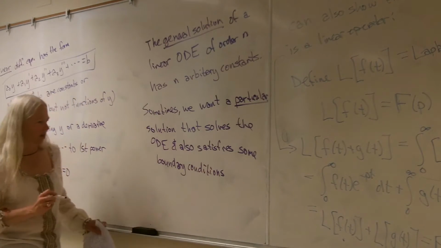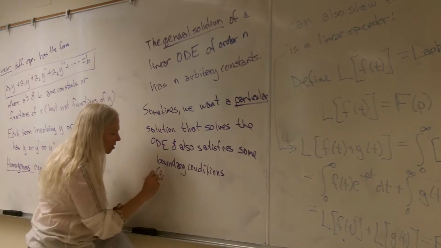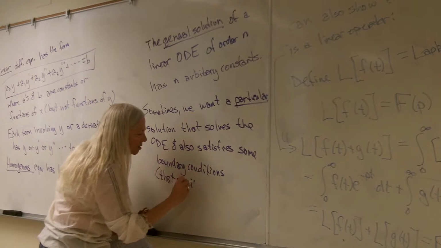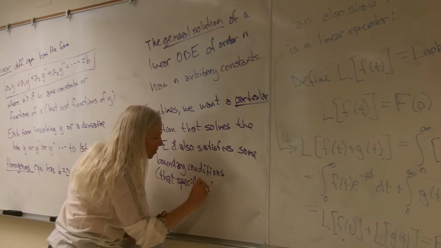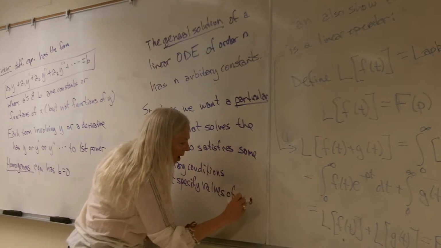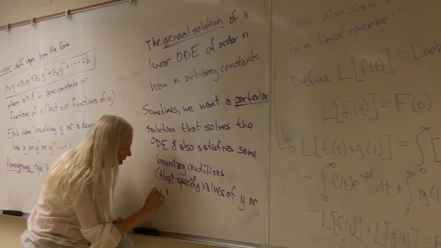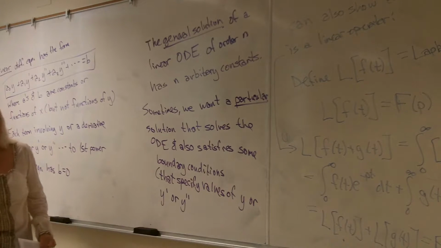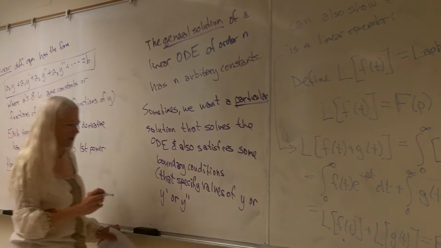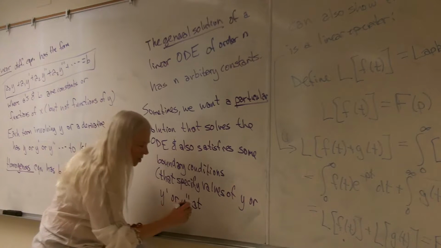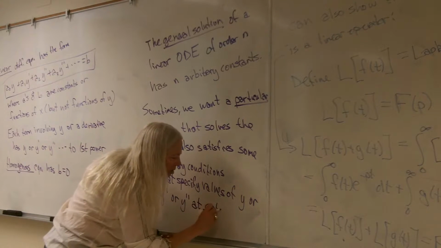Those boundary conditions are things that specify the numerical values of y or y prime, or perhaps y double prime, or any other order of derivative, depending on what's involved in the differential equation, at certain values of x.